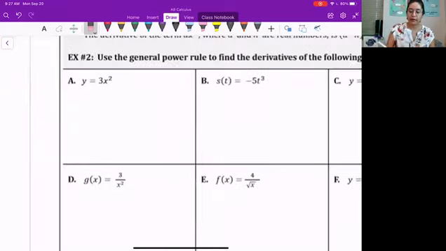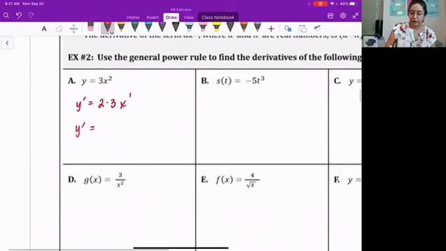So here on part A, my function was y, so we're now talking about y prime, the derivative. When I bring my exponent to the front, I'm going to multiply it by that 3 that was already there. And then I'm reducing my exponent by 1. The derivative here would be 6x.